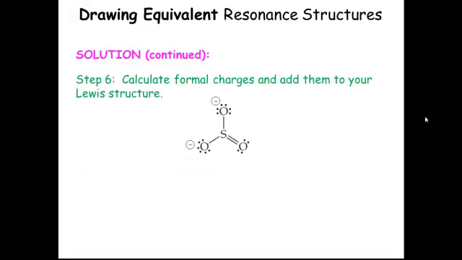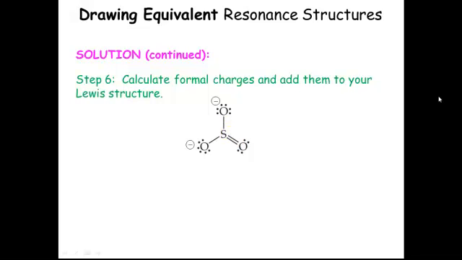All right, so whichever one you drew, go ahead and calculate the formal charges and add them to your Lewis structure. Oxygen here has a 0 formal charge. 6 valence electrons; after division, this oxygen has 6. Sulfur has 4.